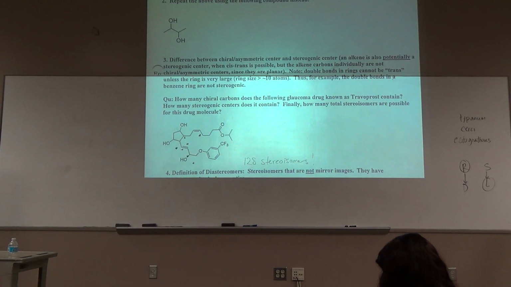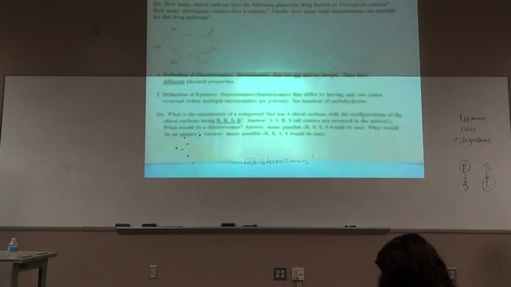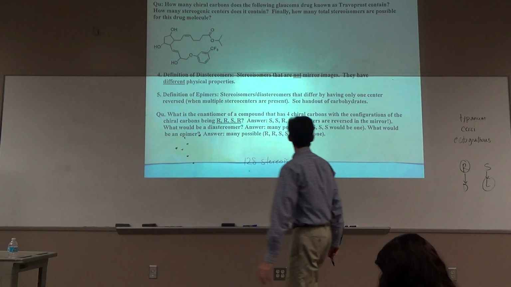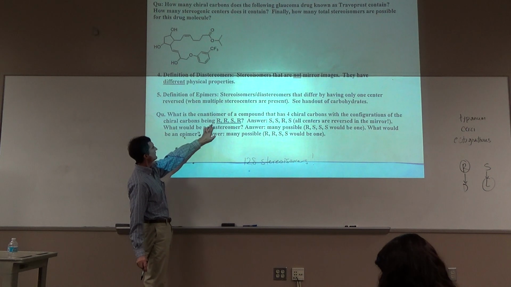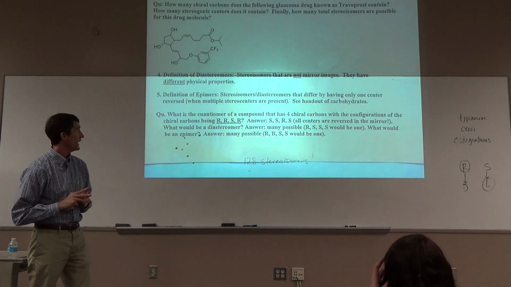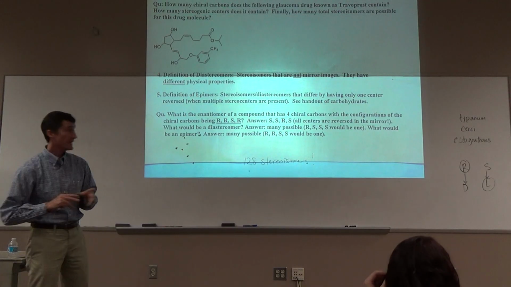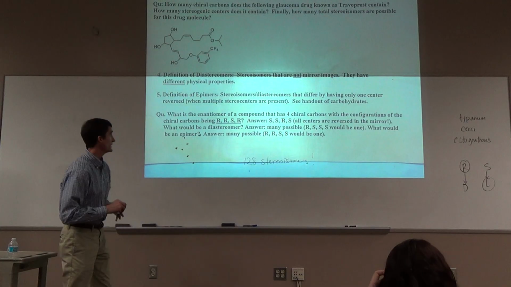Diastereomers, epimers. I think at the bottom we've already pretty much covered. What's the enantiomer of a compound that's RRSR if it had 4 carbons? SSRS. Because when that looks in the mirror, everything's switched.